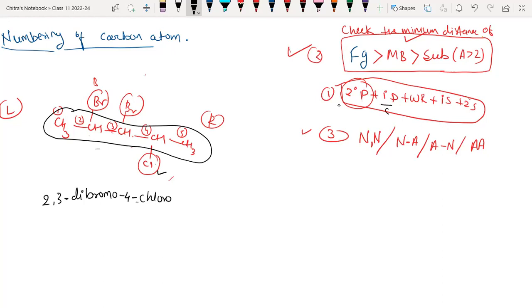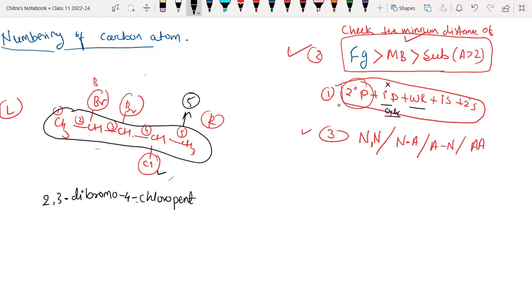It tells about the cyclic nature. Is it cyclic? No, sir, it's not cyclic. So nothing, leave it. Next, the word root. It says about the number of carbons. How many carbons do we have here? 5. For 5, we use pent. Good.